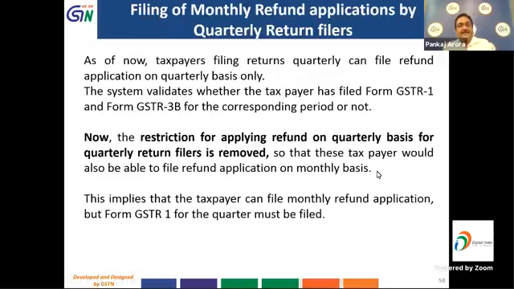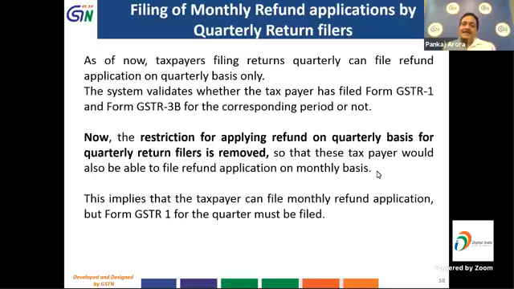Another recent change is for those persons who file GSTR 1 on a quarterly basis. Now the restriction for filing a refund application on a quarterly basis has been removed. Such persons can file their refund claim irrespective of the period.